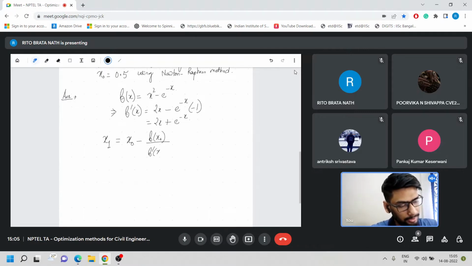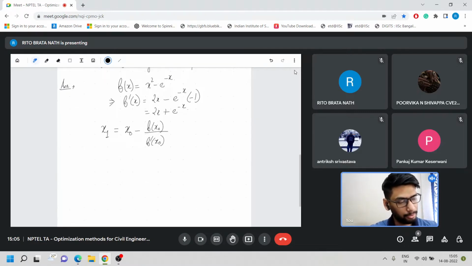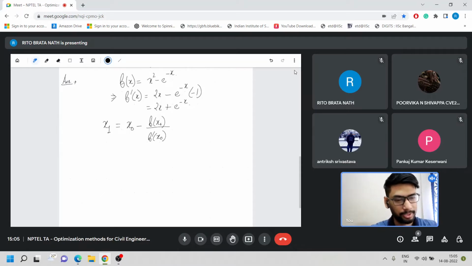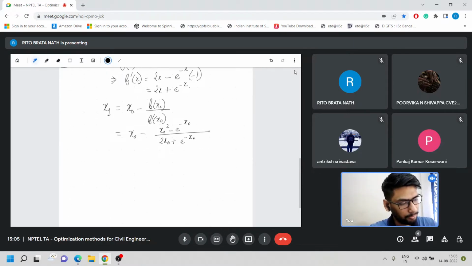Since it's pretty simple, you can write an equation like this. Then f(x naught) is given as x naught squared minus e to the power minus x naught. Then f prime is 2x naught plus e to the power minus x naught. If you further simplify it, probably you don't need to, but I'm still doing it.